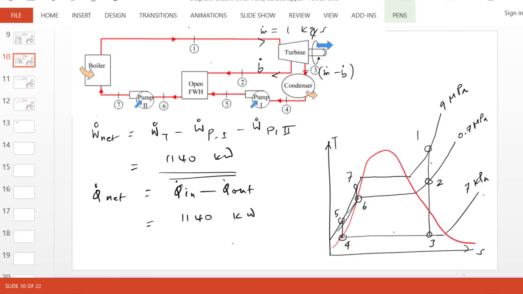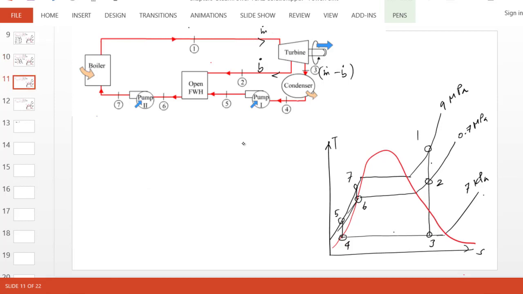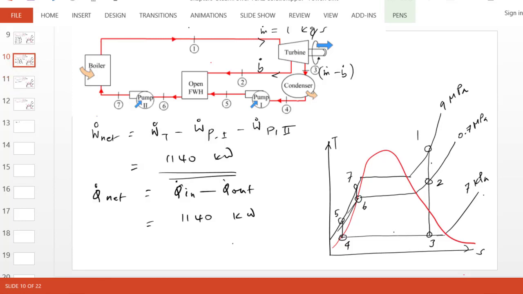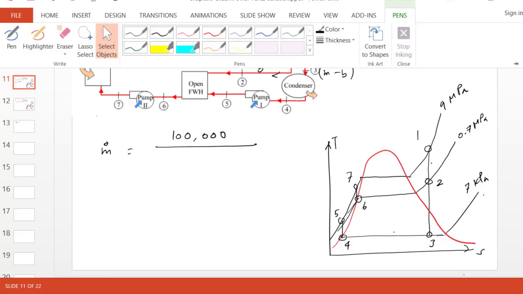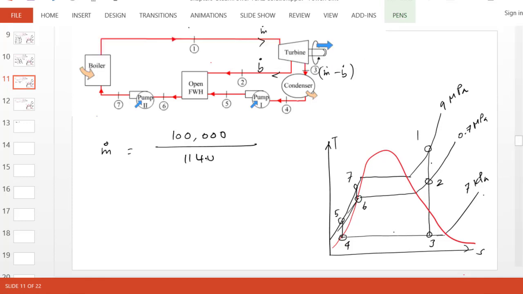So to scale it up, the real m dot in the problem should be 100 megawatt divided by 1140 kilowatt, which gives us a mass flow rate of 87.8 kg per second.